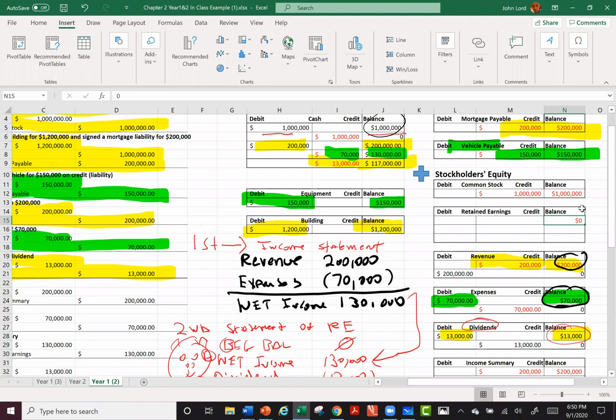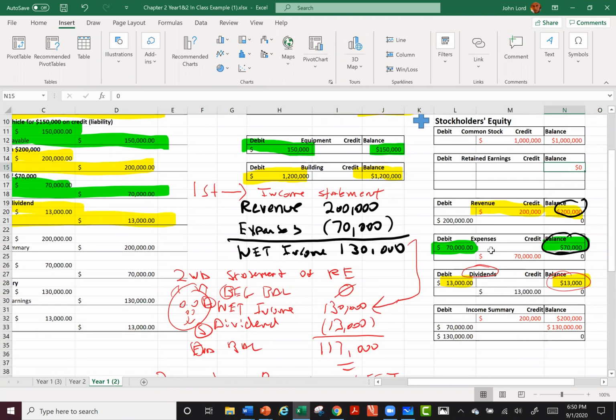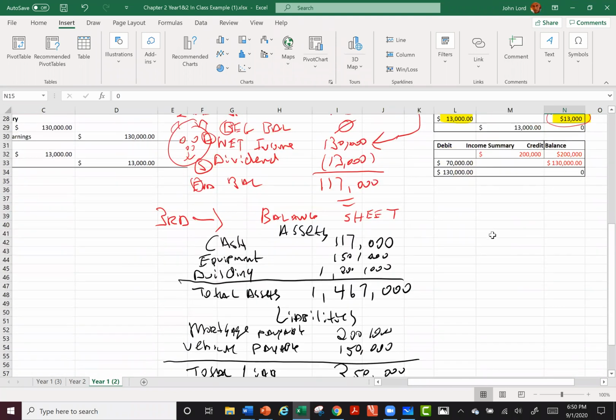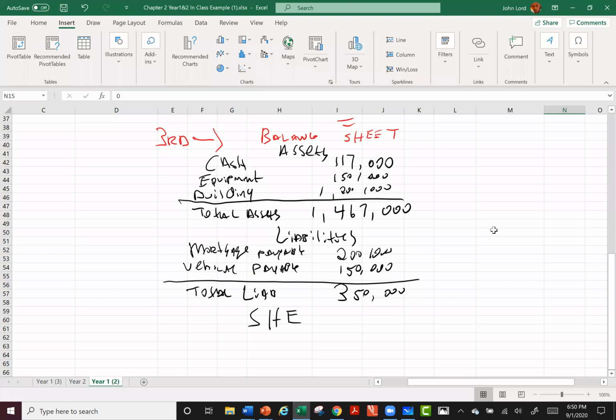First we put something in the journal, then we post it to the ledger. So far I haven't entered anything in the journal for my retained earnings, but that's all right. That won't stop me from preparing the balance sheet at this point, because all I have to do is put in my common stock, which was what, $1 million?